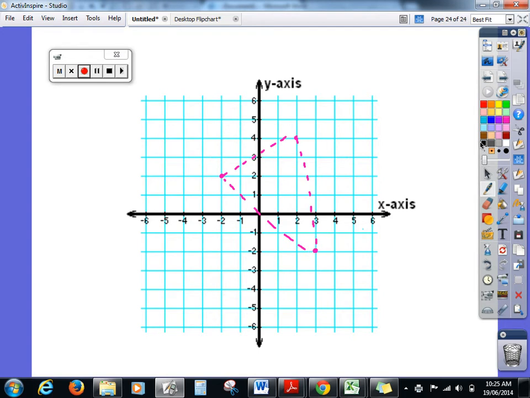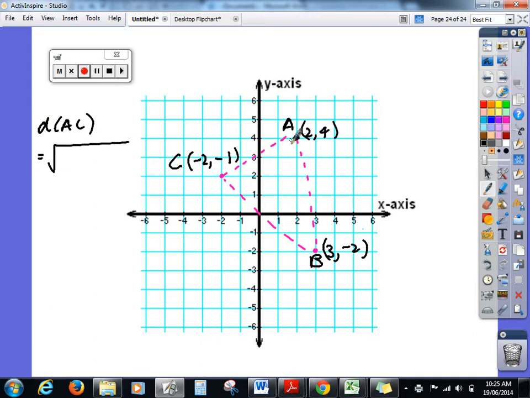So just writing in these points here, this point up here is 2, 4, and this one here is 3, -2, and this point here is -2, -1. So we'll call this A, and then B, and then C. And we'll find distance AC.